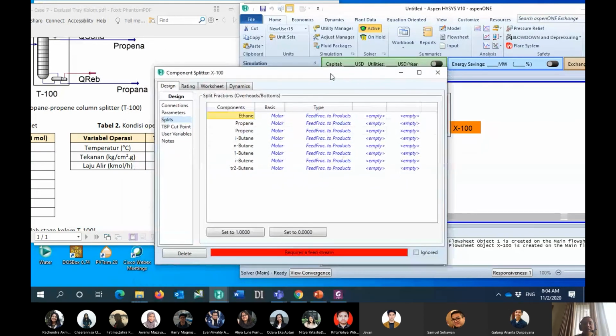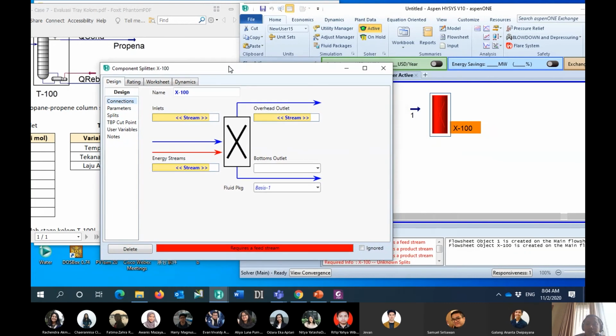Splitting condition means which product I will have in the top and which in the bottom. But before that, I will connect the streams.